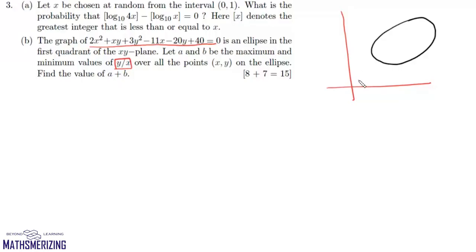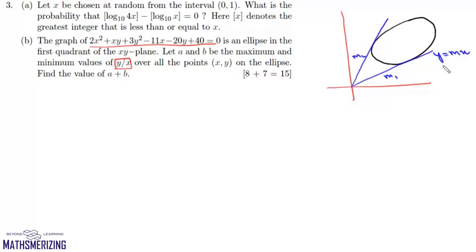So this slope will be maximum and minimum when this line is tangent to this ellipse. Now say this value is m1 and this value is m2. Now suppose this line is y equals mx. This line y equals mx must be tangent to this given ellipse.